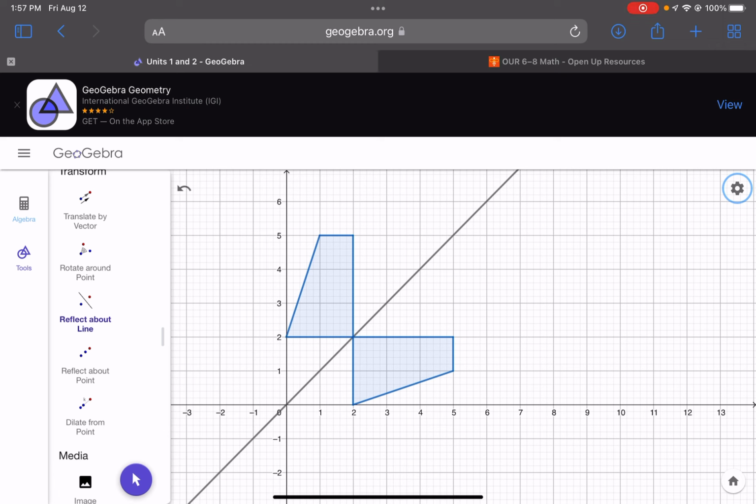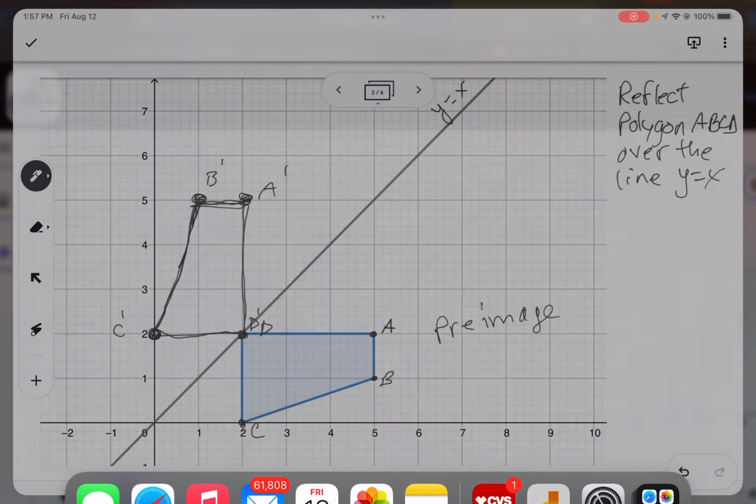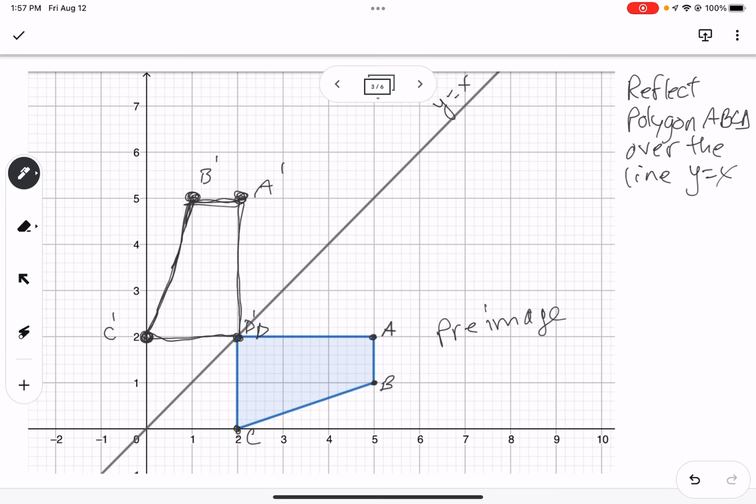The only thing left here is to actually note if there's a pattern going reflecting over y equals x. So let's take a look at just one set. A is at 5, 2. A prime is at 2, 5.